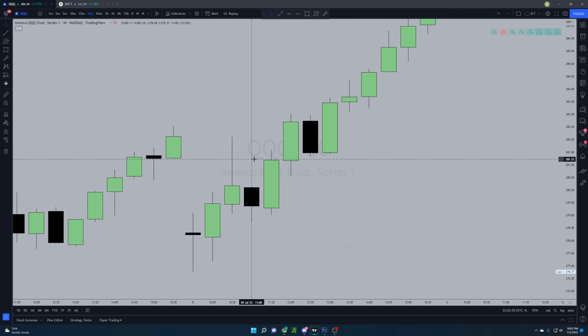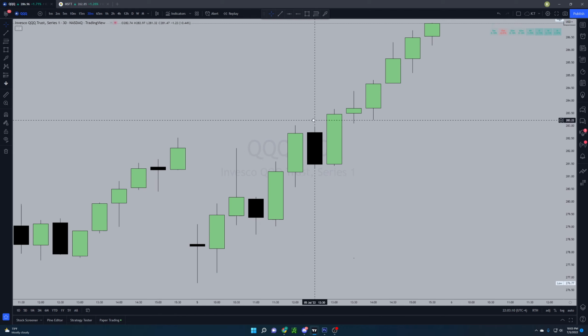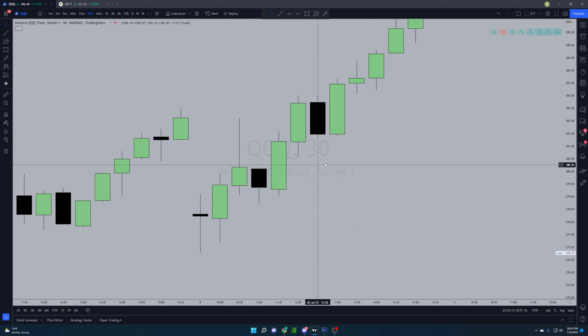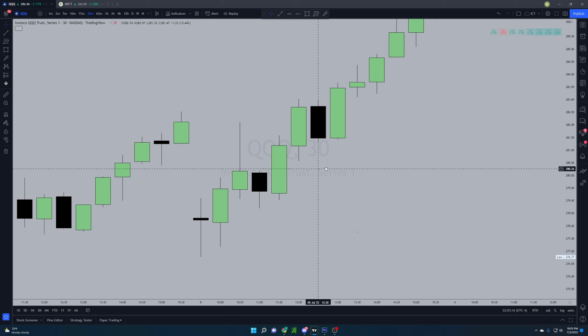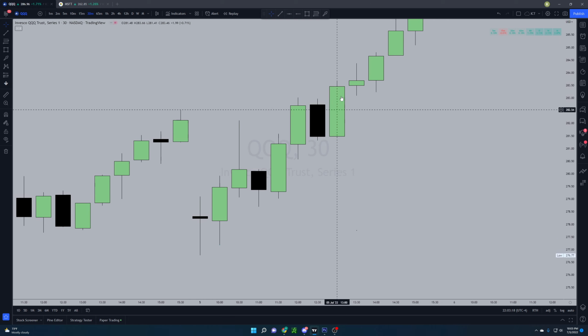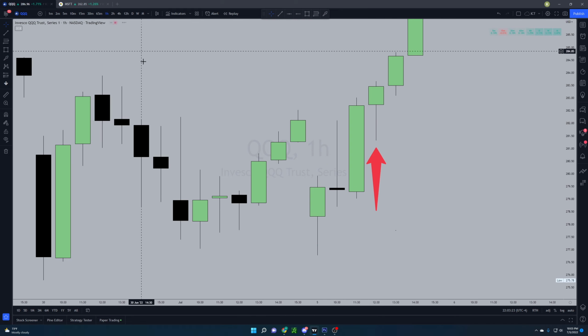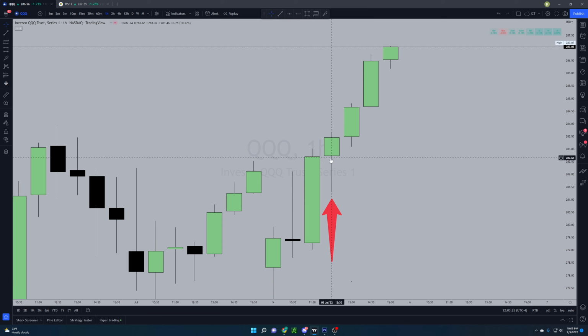So let's keep moving. Right here, you see your first red candle. Now, if you're one of those people that breaks down every single candle, especially on smaller time frames, this is why you might want to use higher time frames as well, because while yes, this is a red candle on a 30-minute, on the hourly, this is actually a hammer candle, right?